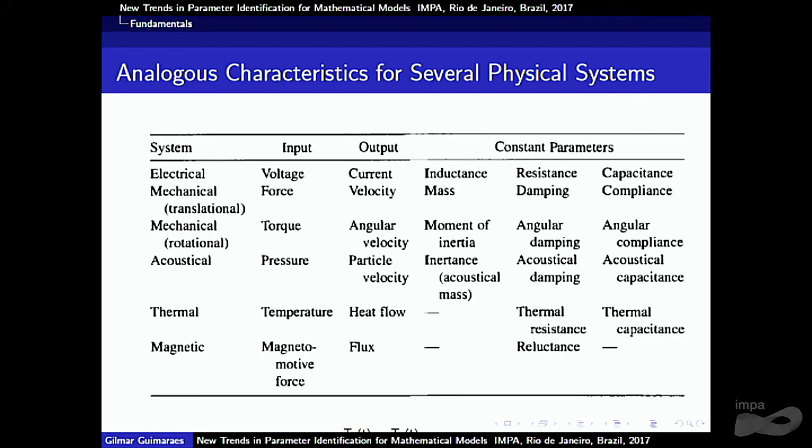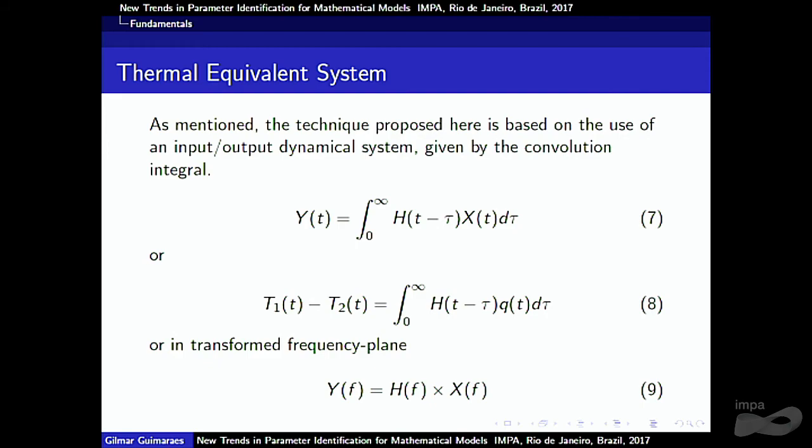You estimate the response of the system. In this case, in the thermal system equivalence, we have as an input the heat flux, and as output, for example, in this case that I'm showing, the difference of temperature at 2 points of the thermal system.